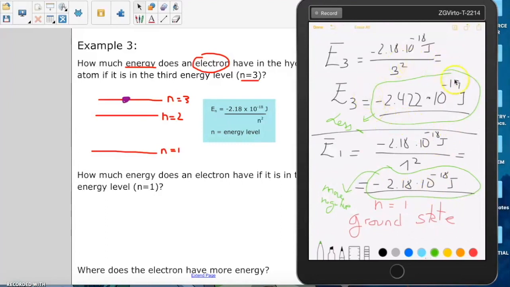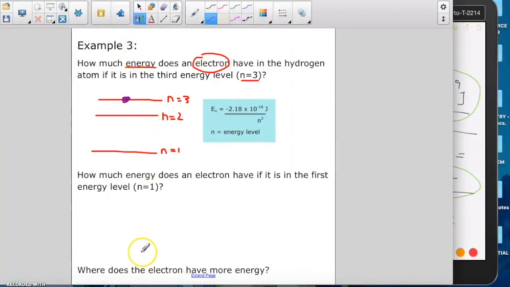So as E3 is less negative, it means that it's a higher level of energy. That's why the answer is that between the two, E3 will have more energy. And remember, the higher you go, the farther you go from the nucleus, the higher the energy level will be, the higher the energy of the electron will be as well.